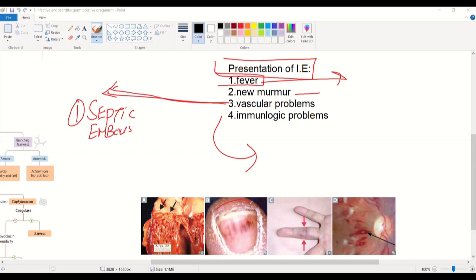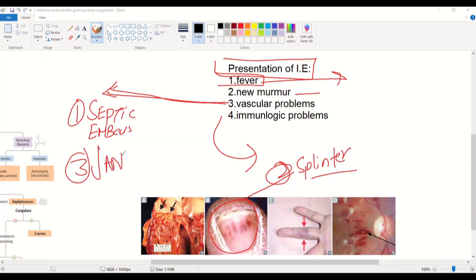So this is a splinter hemorrhage. The picture shows a splinter hemorrhage and Janeway lesion. What is a Janeway lesion? Septic embolization. Okay. So Janeway lesions are present in which area of the body?